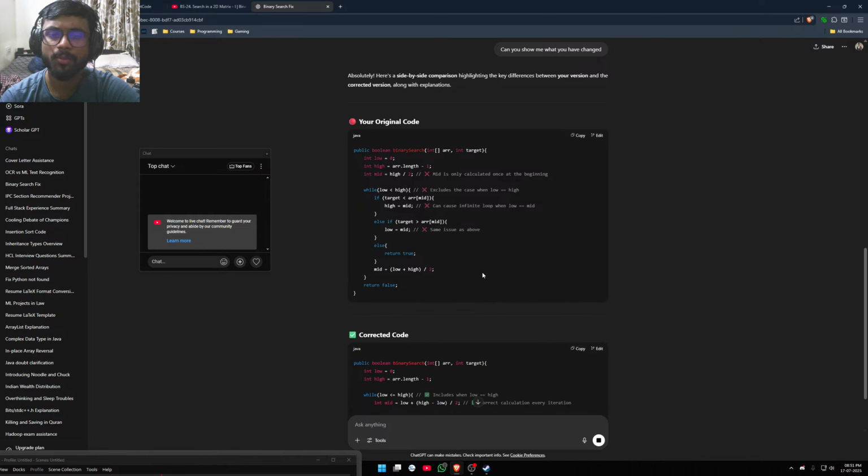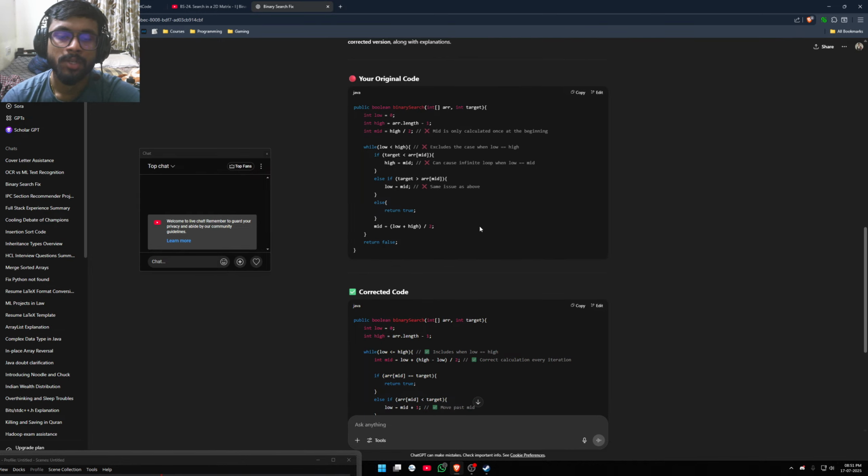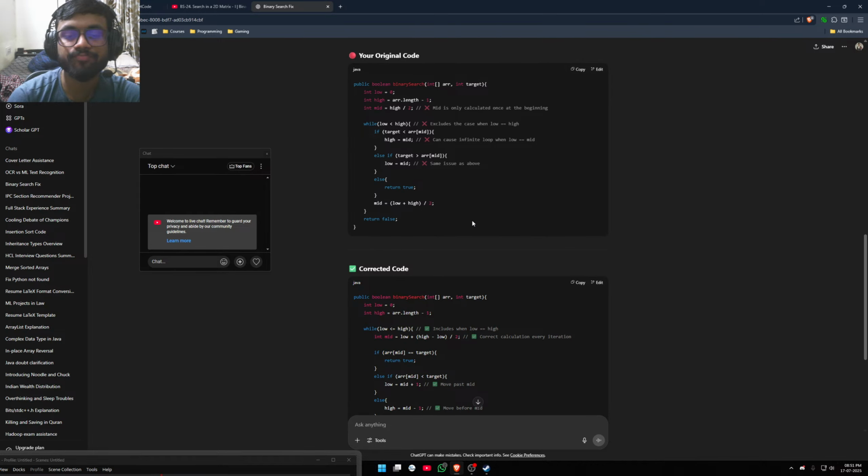Oh, mid is only calculated once at the beginning. Yeah, that is okay. Exclude the case where low is equal to high. Oh, okay. High equal to mid can cause an infinite loop when low is equal to mid.